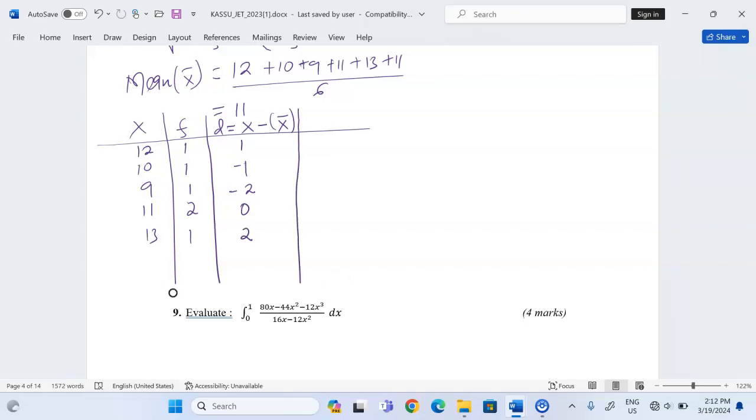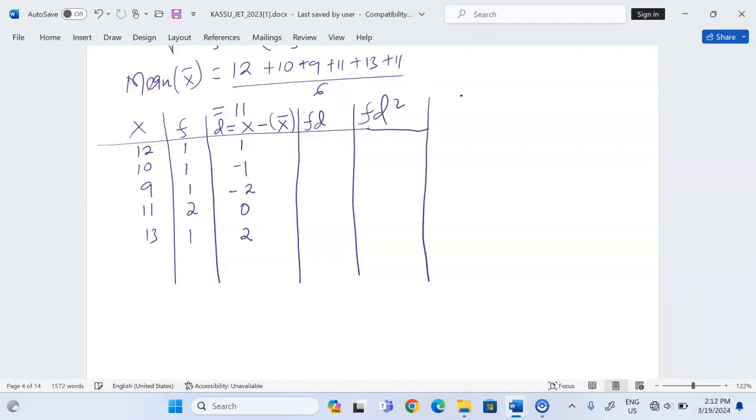Now after that, we can talk about f multiplied by d. Then eventually we will go to f multiplied by d squared. Then we get to the formula.